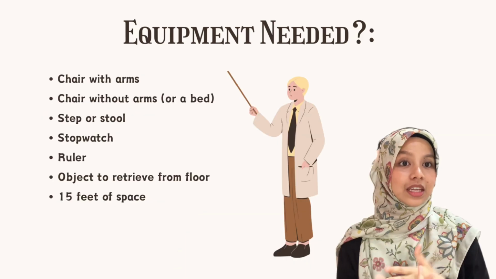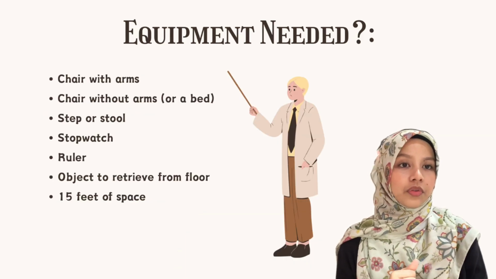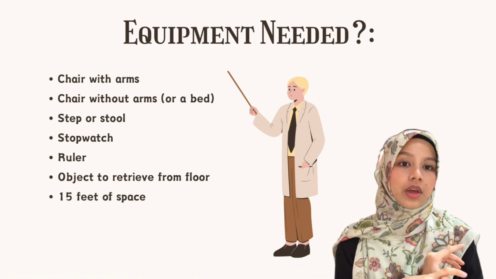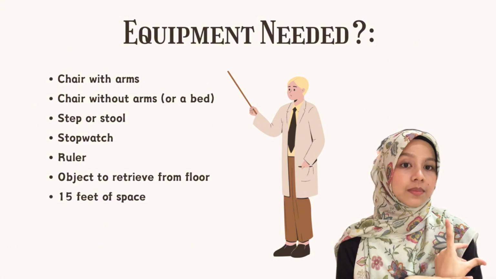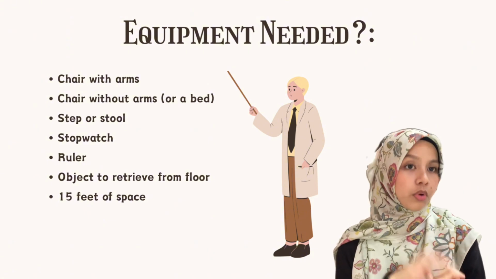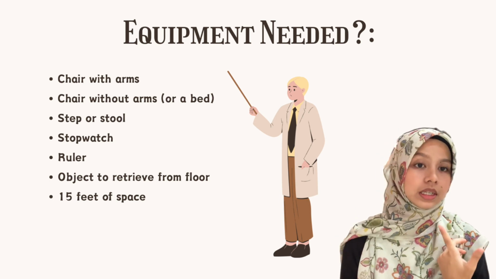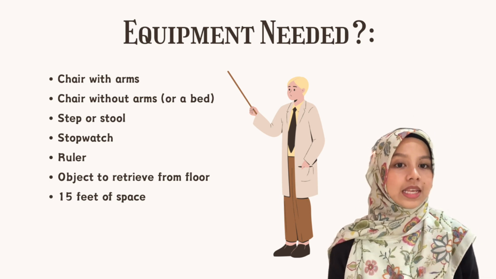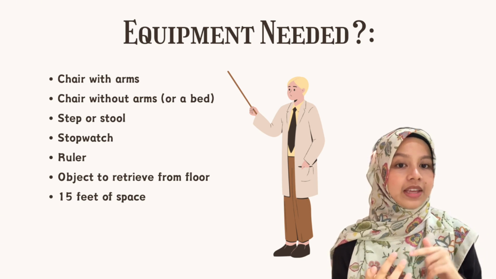Okay, so here's the equipment needed for the Berg balance scale test. We need a chair with arms, a chair without arms, or a bed, and a step or stool, stopwatch, ruler, and an object to retrieve from the floor. And next is 15 feet of space.